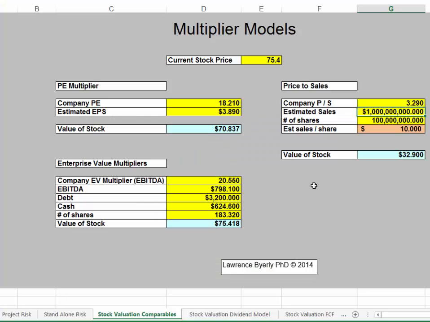So let's go back here. 38200, we got that. The number of shares, 183.32. We have the number of shares. So that's $208.37. And they're saying that the value of this stock is $685. Actually, I think this is our problem right here, that this should be 382.2.